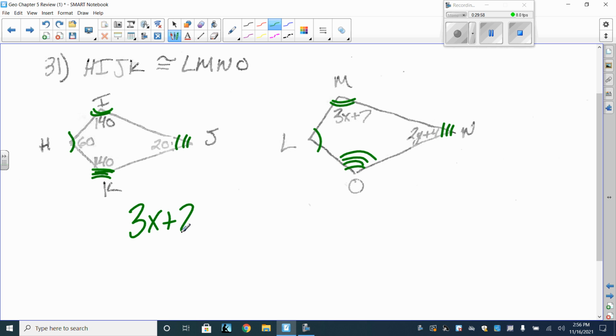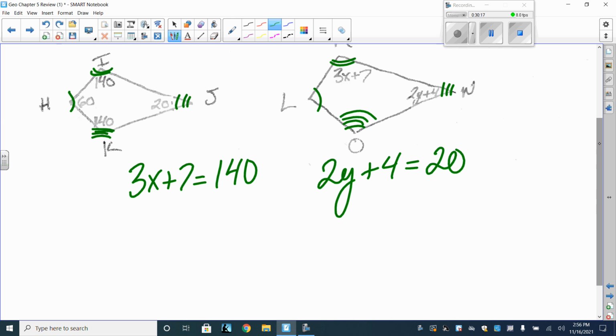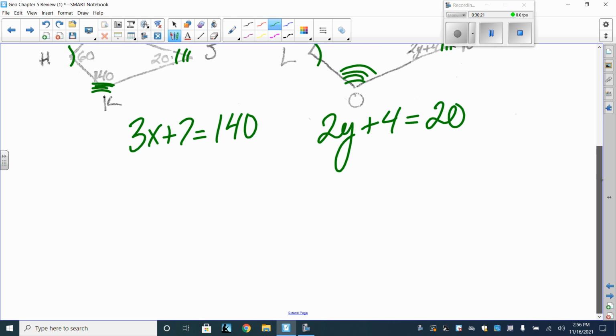So 3x plus 7 is going to equal what? 140, because those are the two that match. We also have that 2y plus 4 is going to equal what? 20, because those are the two angles that match, yes? Now we just need to solve for x and y.